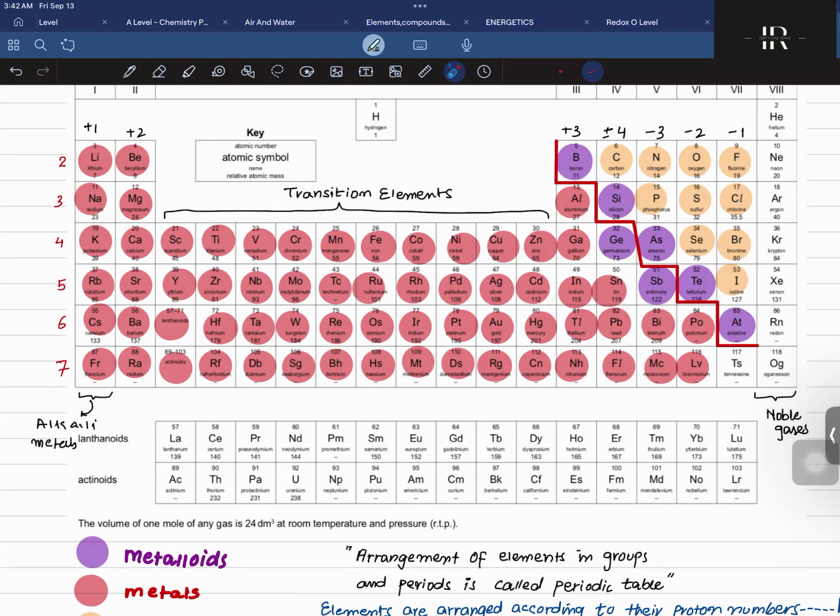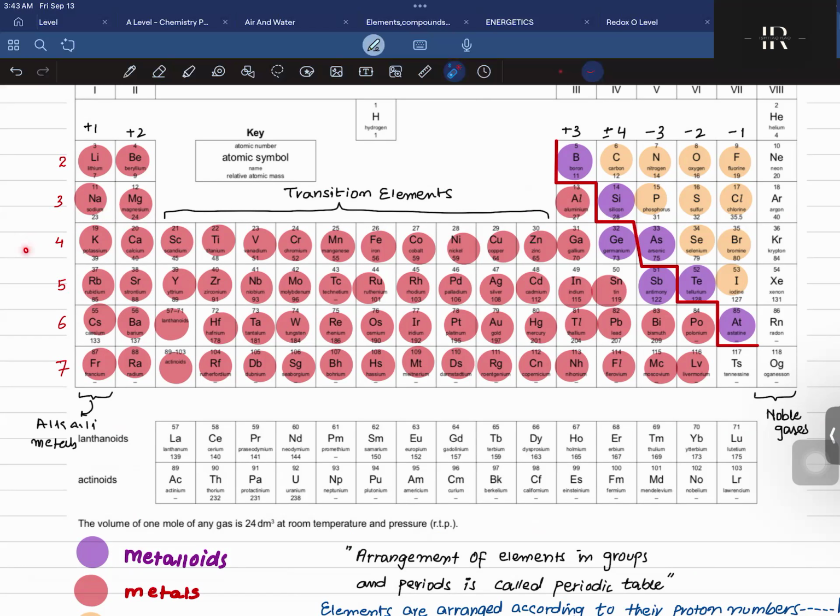So the metallic character is going to decrease, because as you are approaching the right hand side, obviously you will be going far away from the metallic behavior.